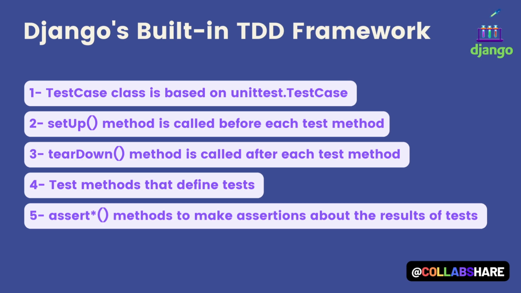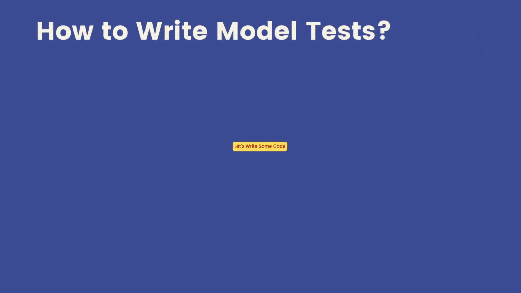And assert methods, which are part of the test methods, are the methods provided by Django's testing framework for making assertions about the results of tests. For example, assertEqual is used to check that two values are equal, and assertRaises is used to check that a specific exception is raised.